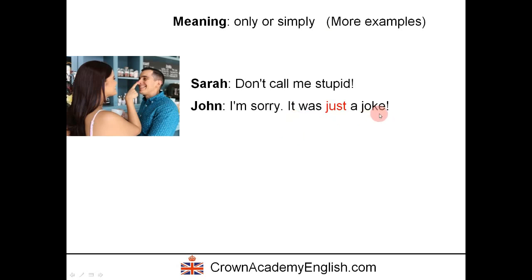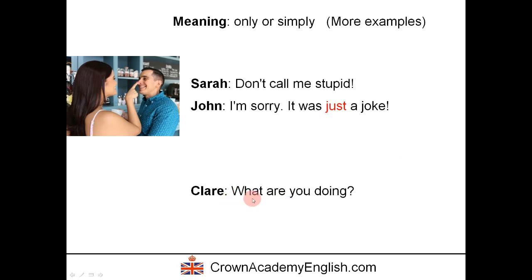So we say this if we are mocking someone, or if we are making fun of someone, and if they get offended. So if the person gets a little bit angry or isn't very pleased with you, to reassure them that it is a joke, you say, "It was just a joke. It was only a joke," or simply a joke. "I'm not being serious." Okay?